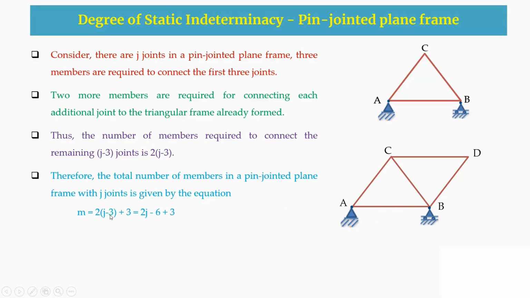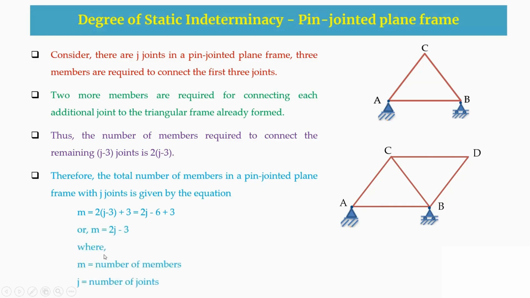There are 4 joints, so 4 minus 3 is 1 joint, and for this 1 joint, 2 members are required. So 2 into j minus 3 are the members that are going to be formed to connect this joint. Therefore, the total members will be 2 into j minus 3 plus these 3 members. So total members are 2j minus 3, that is m is equal to 2j minus 3.